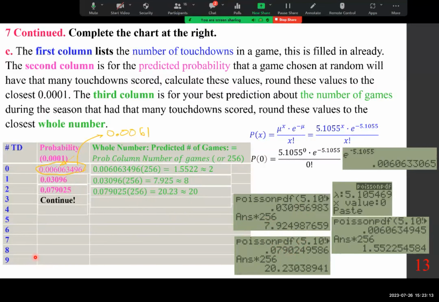So again, for this number, you can drop this one because it's 0.790. We want 4 decimals. 1, 2, 3, 4.